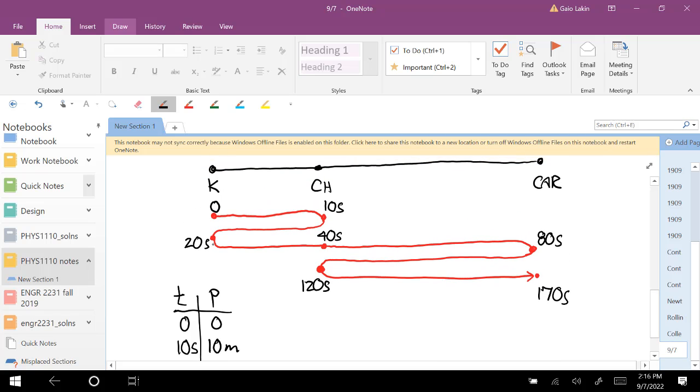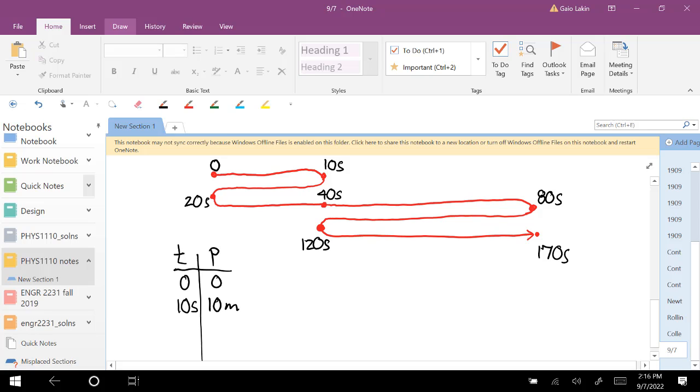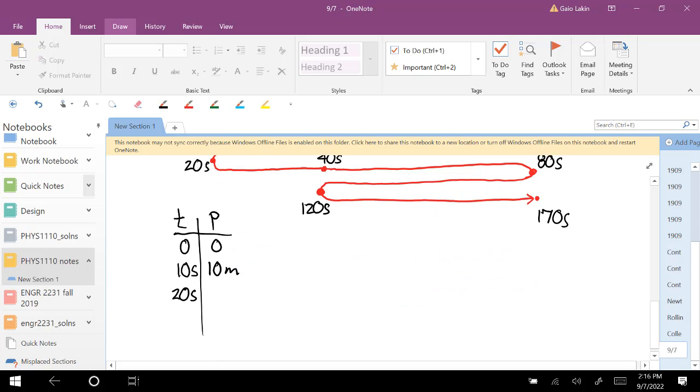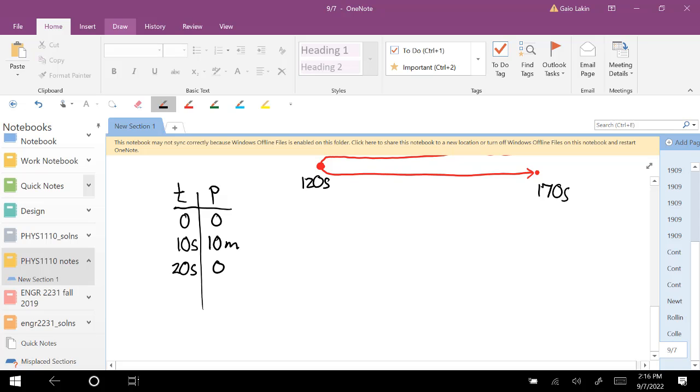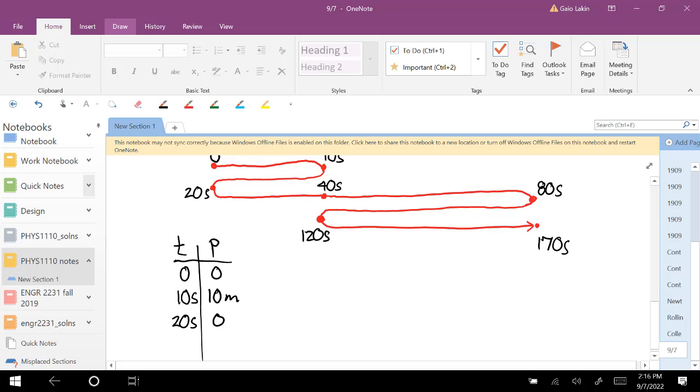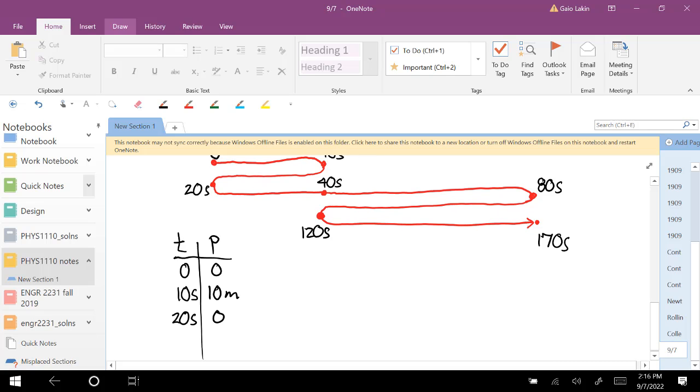Okay, so the third instant is back in the kitchen. So what's the time there? 20. 20, yep. And what's the position? 0, yep. And then the next one is here. So what's the time? 40.